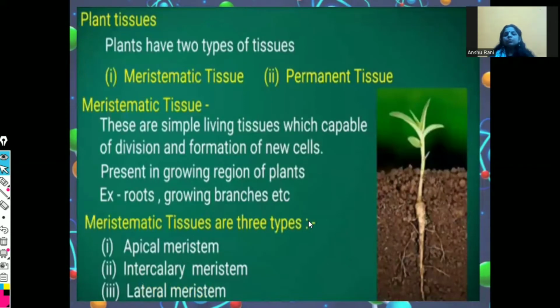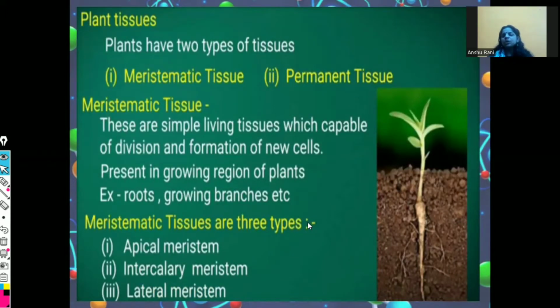In plant tissues, we are having two types of tissues, meristematic tissues and permanent tissues. Meristematic tissues are simple living tissues which are capable of division and formation of new cells. They are present in the growing regions of the plant, that is shoot and root.